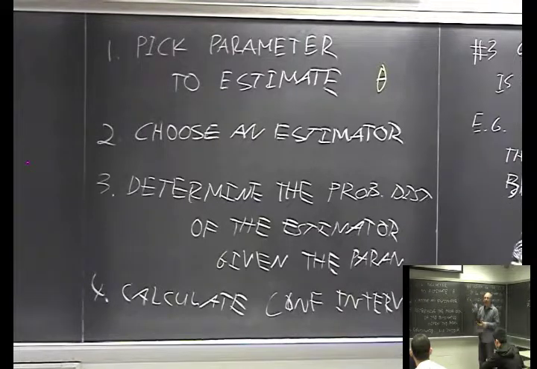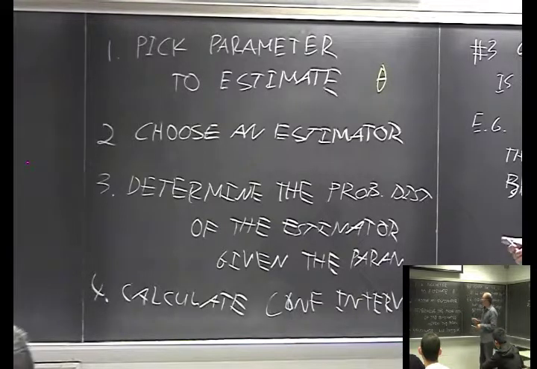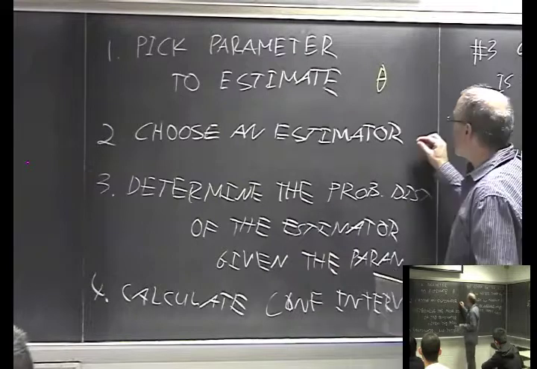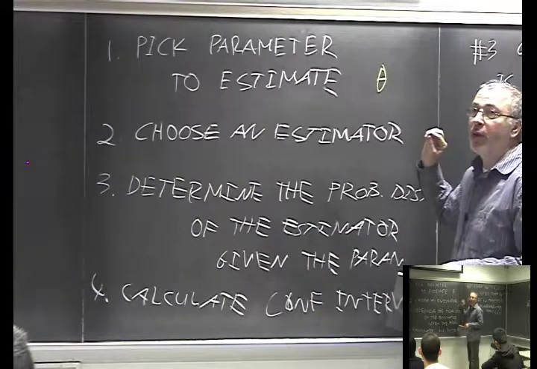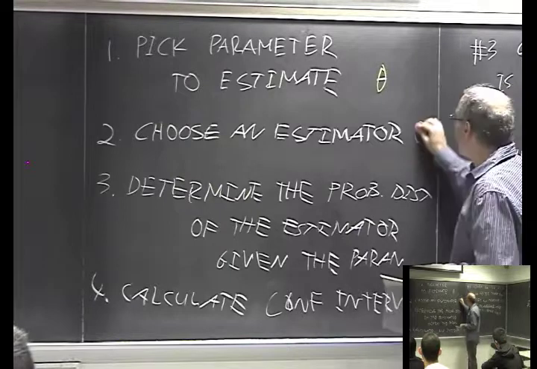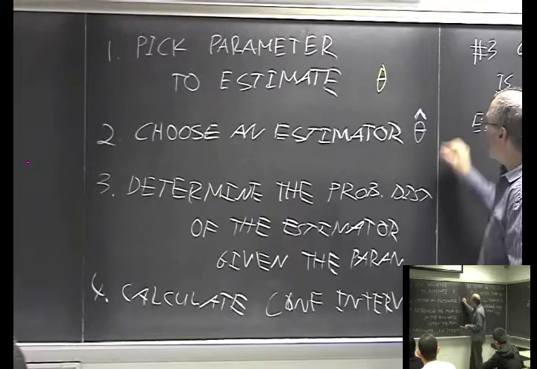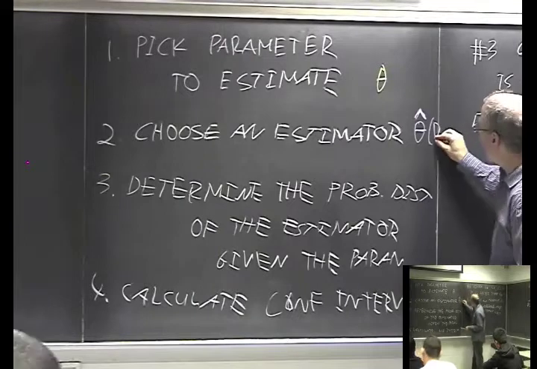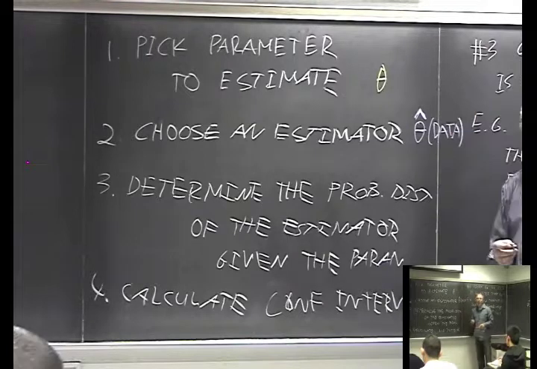I'm going to use purple for data or functions of the data that are known to us when we do statistical inference, or statistical estimation. And the estimator, statisticians like to use a hat over a parameter to denote an estimator of that parameter. So in this case it would be theta hat in purple. And I'm going to remind you that it's a function of the data. Anything that is a deterministic function of the data is going to be in purple.